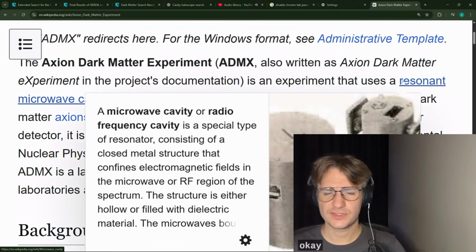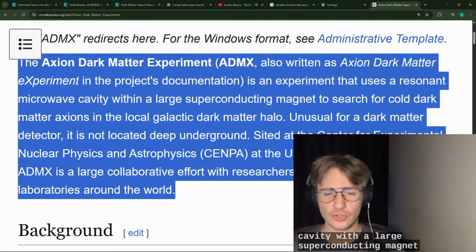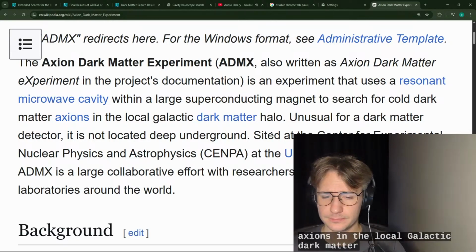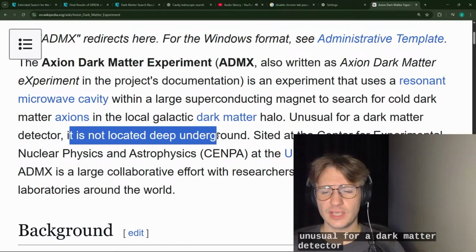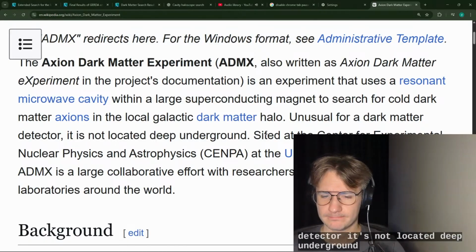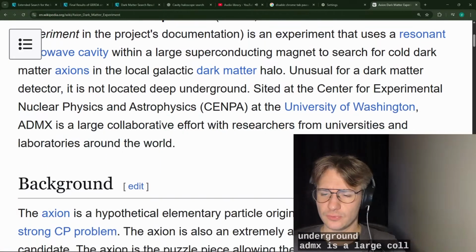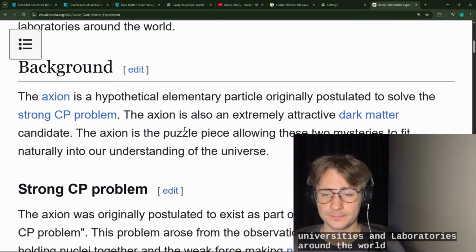Okay, it uses a resonant microwave cavity with a large superconducting magnet to search for cold dark matter axions in the local galactic dark matter halo. Unusual for a dark matter detector, it's not located deep underground. ADMX is a large collaborative effort with researchers from universities and laboratories around the world.